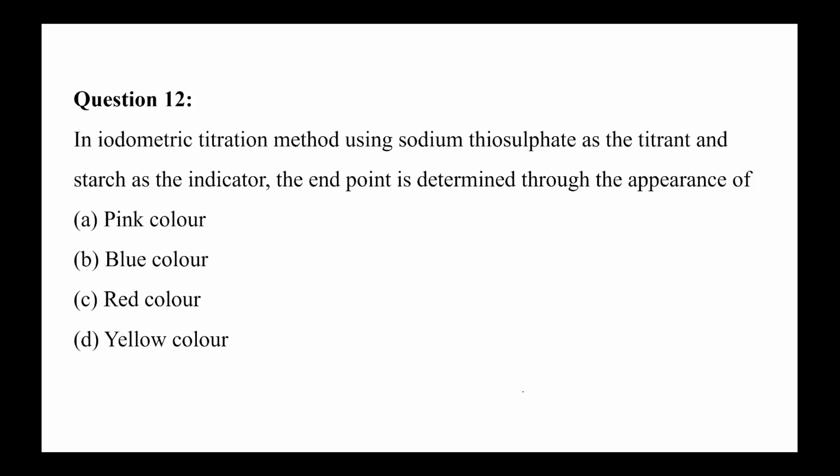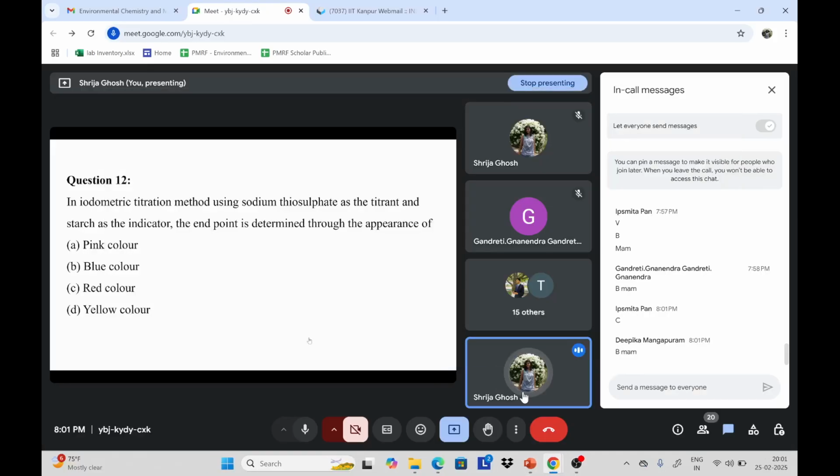So what color do you see at the end point? How do you determine the end point in an iodometric titration where you are using starch as the indicator? Basically, starch and iodine give what color?